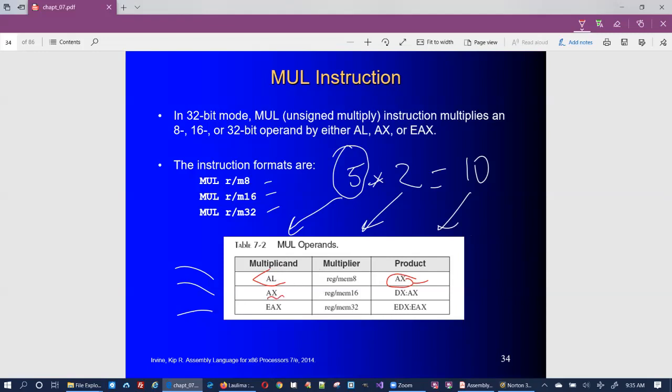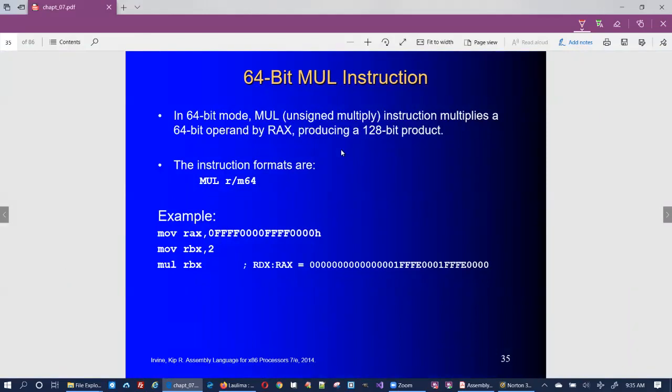Here the multiplicand is 16 bits and the result is 32 bits. It uses the AX register and the DX register as the upper 16 bits. For 32-bit operands, we're using both the EAX and the EDX registers. And the 64-bit multiplication instruction uses the RAX and the RDX registers.